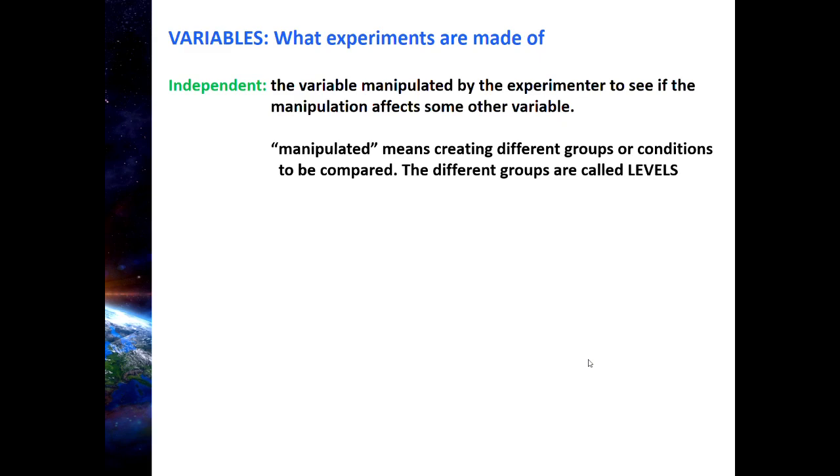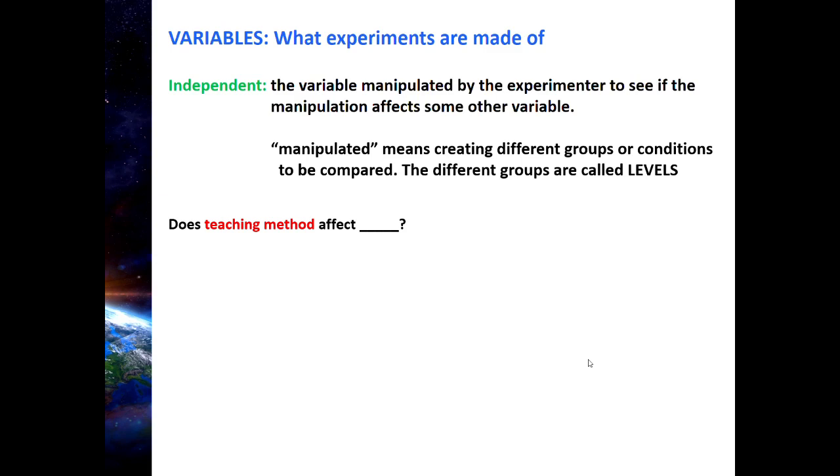We call those different groups or categories levels of the independent variable. So if you're testing a drug and maybe you want to test placebo versus 1 pill, 2 pills, you see how with the drug that I'm testing, I have to manipulate it by creating groups. Placebo, 1 pill, 2 pills. It's the independent variable because I think that this variable is going to impact something else. Don't worry, I'm going to give you lots of examples, all right?